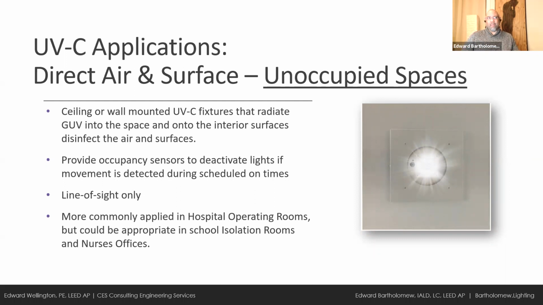It doesn't take a lot of time to get a 99.9% deactivation rate, so you could be very effective. Again, it's line of sight, so anything in the shadow on that surface will not be deactivated, but anything in the air that is being irradiated will absolutely be deactivated. There are certain spaces in schools that could use this type of solution quite effectively.